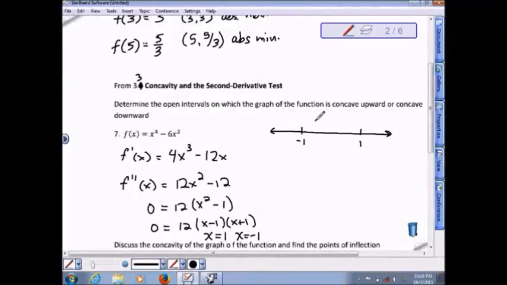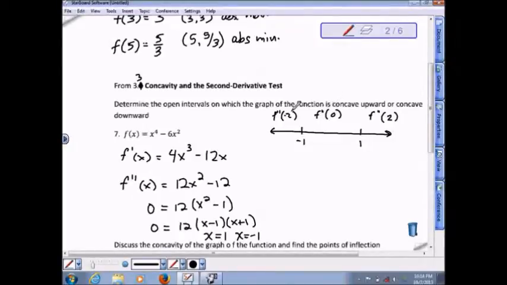So we test points within each interval into the second derivative. So we do f double prime of -2, for example, f double prime of 0, and f double prime of 2 to see whether or not we have positive or negative values in the second derivative.